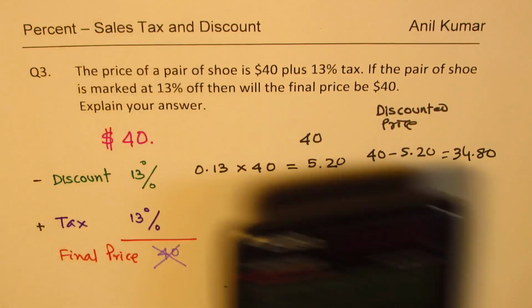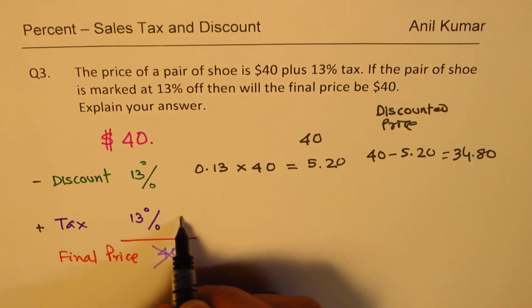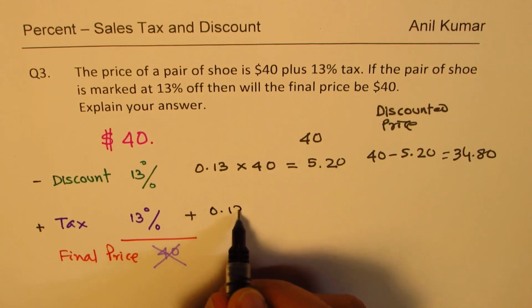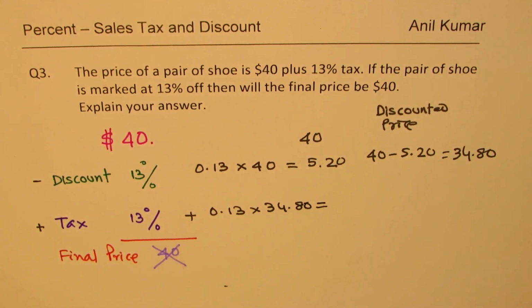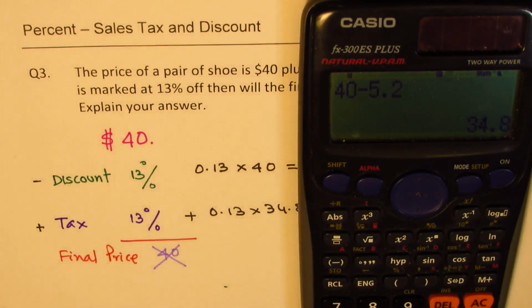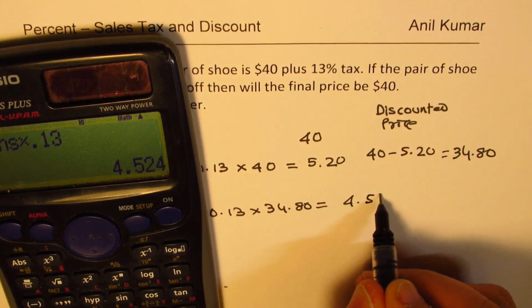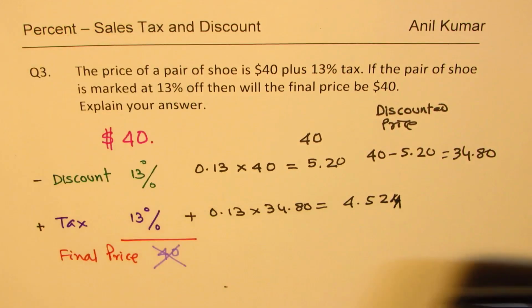Right? Now the tax of 13% will be on 34.80. So we have to add a tax which is 0.13 times 34.80. We multiply by 0.13, and what we get here in decimals is 4.524, rounding to 4.52.